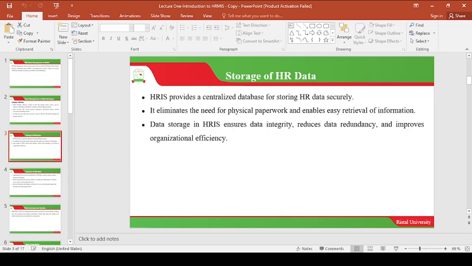Then all the information you want about that particular employee will come, whether it is the academic document, the employment history, the performance, the benefits, etc. But if you are using paperwork, it will be very difficult for you because you have to open one paper after another. So it will take time for you to retrieve information about your employees.